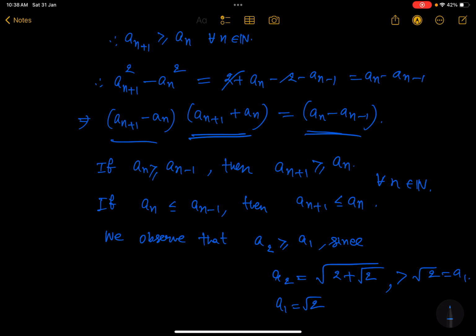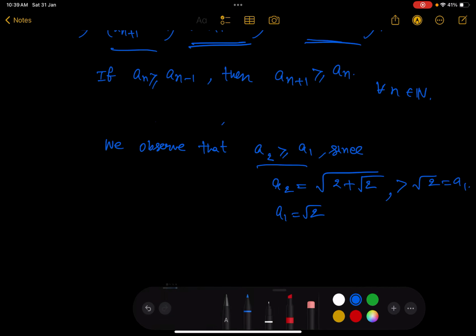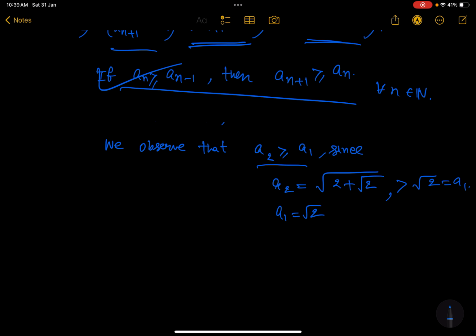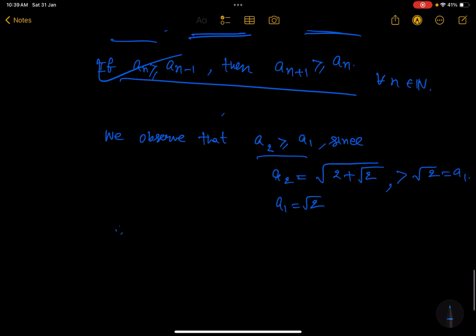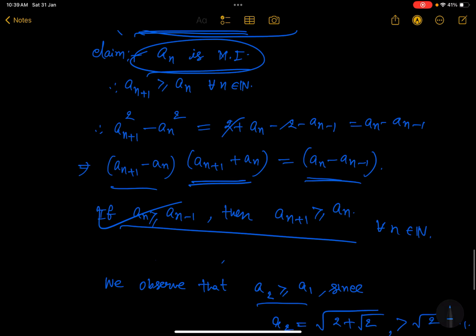A2 is bigger than a1, that implies a3 is bigger than a2, right? So this cannot happen, so the only possibility is this, right? Yes. So a_{n+1} is bigger than or equal to a_n for every n belonging to N. So now we have a bounded and monotonically increasing sequence.